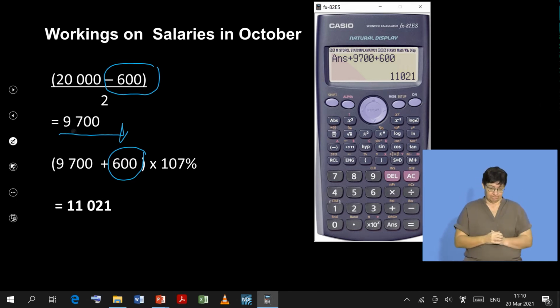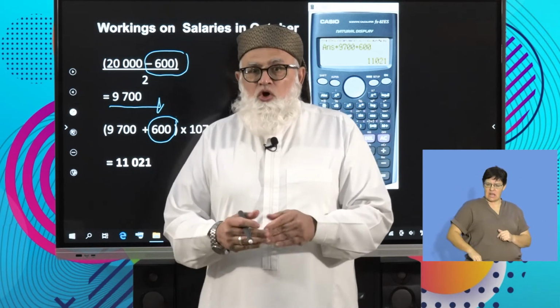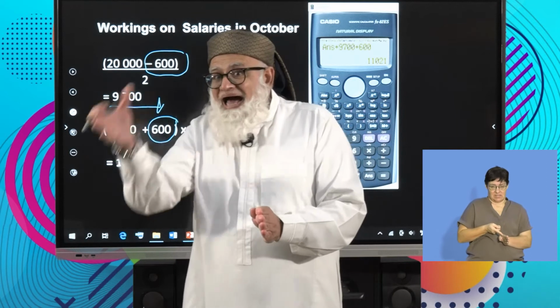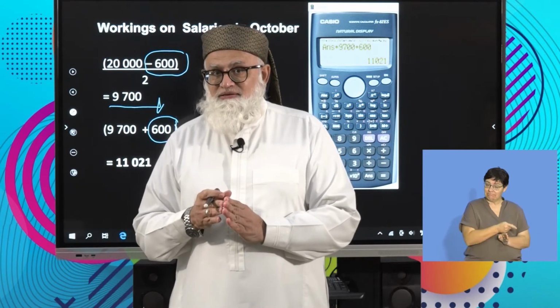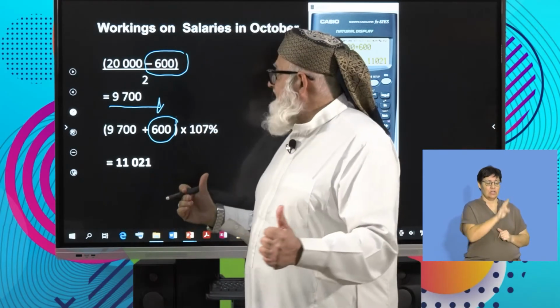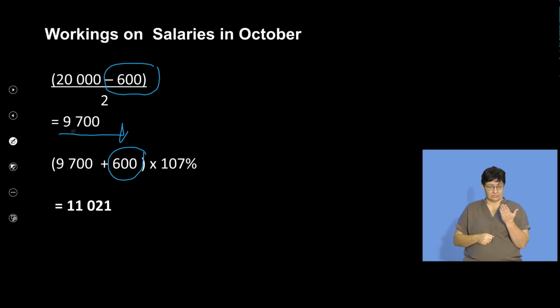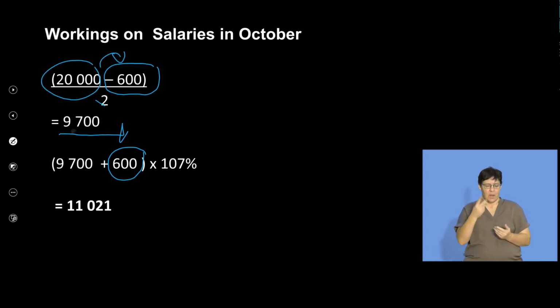What's important when you are doing these calculations is to determine what the salary was prior to the increase. In this case, going back to this calculation, just for clarity's sake, take the 20,000 that was given to you, minus the 600, because they gave you the salary of both the managers.